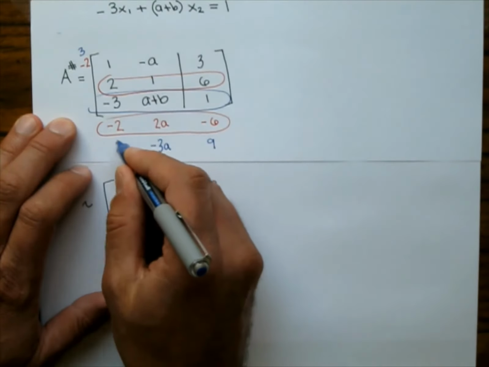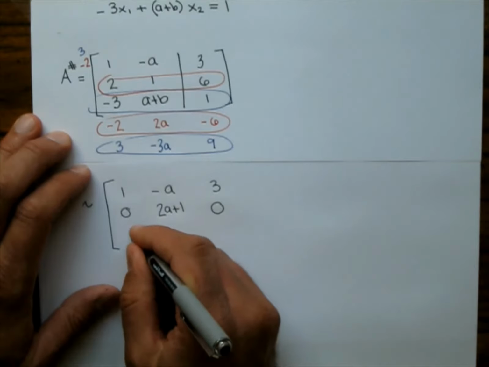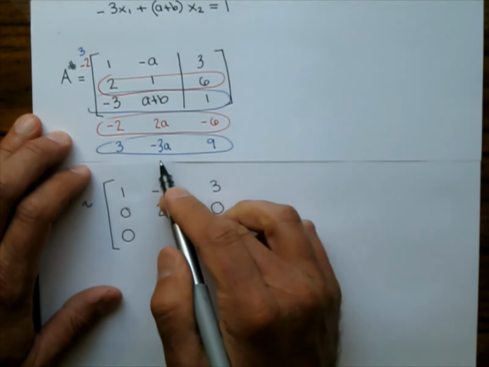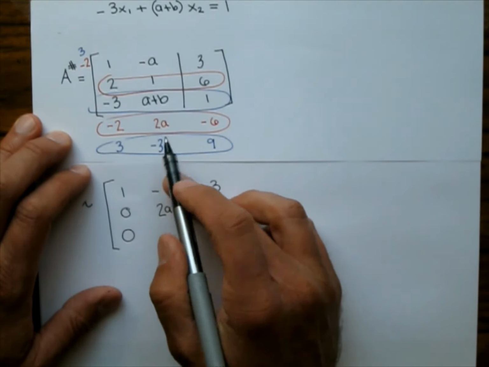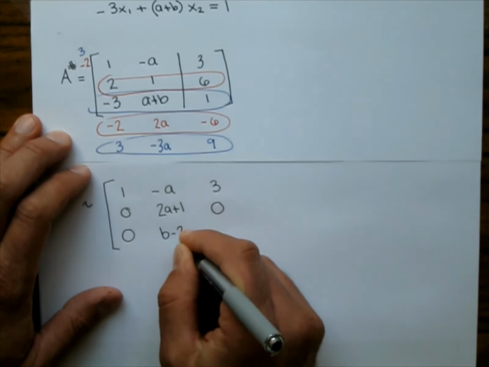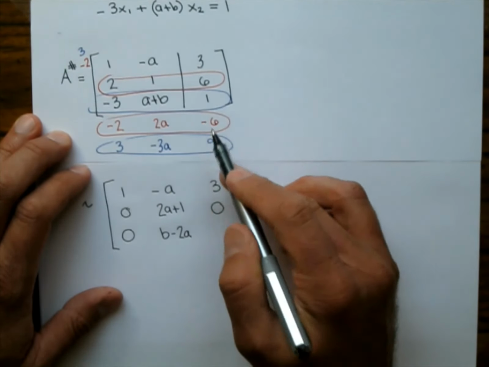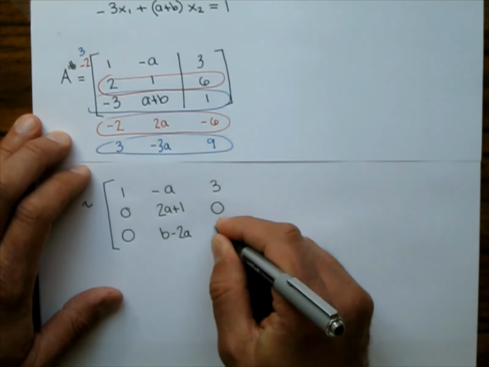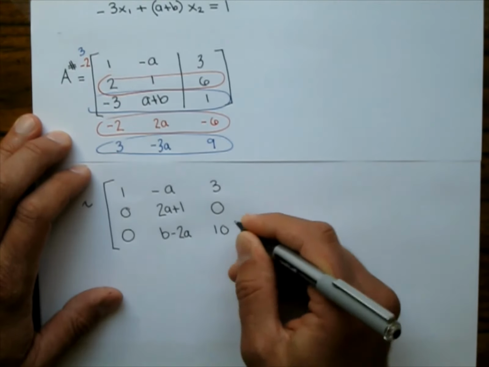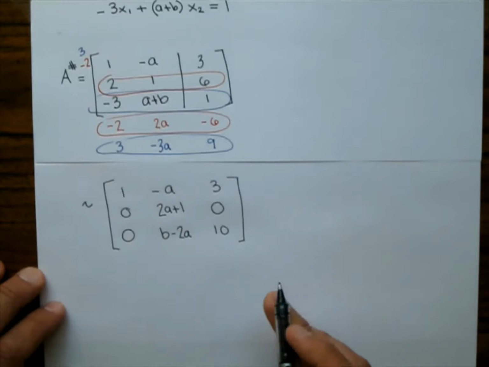When I add it to row 3, I end up getting a 0, 3 minus 3, and then here I get b minus 2a. Because you have a plus b minus 3a, and then here 1 plus 9 is 10. And so that's what I have.